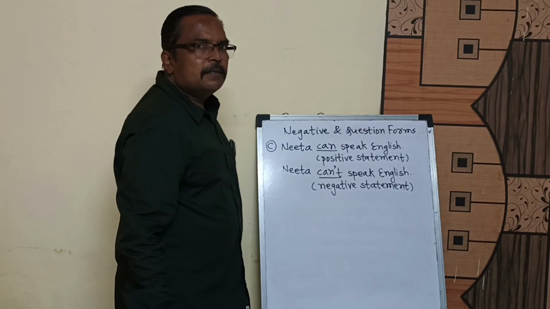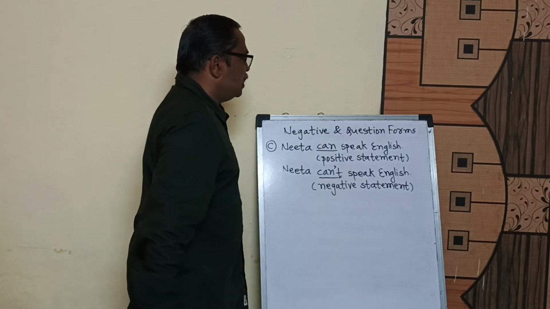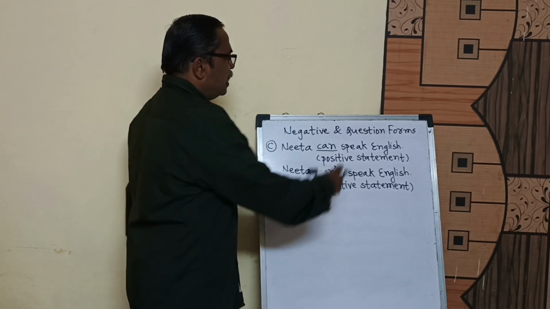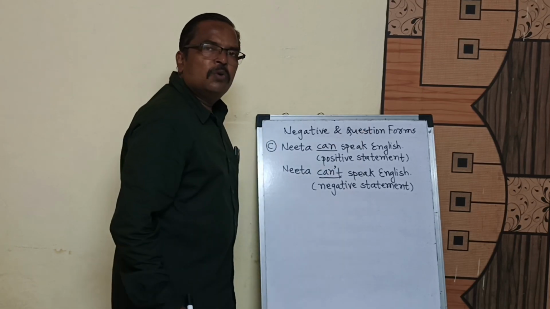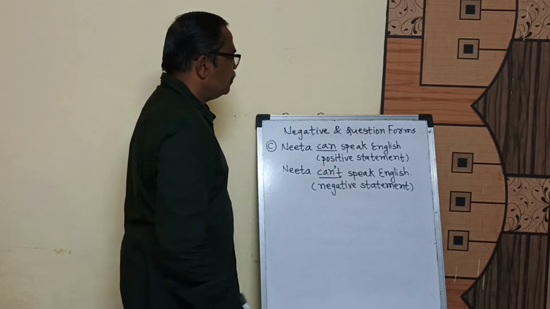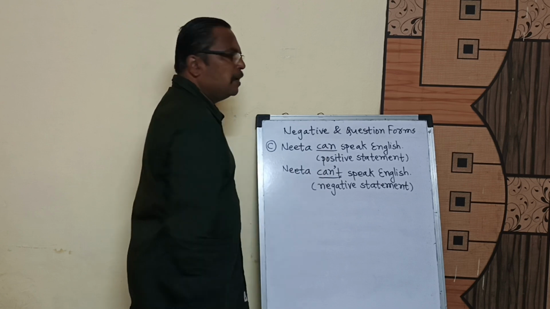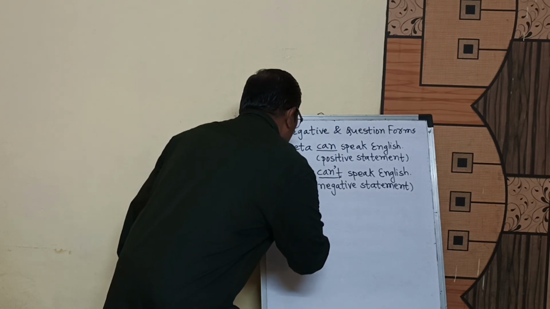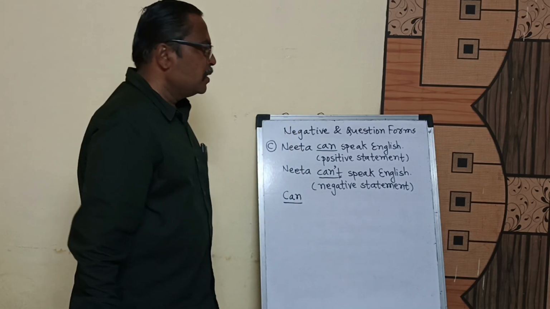Now the sentence Nita can speak English, we are going to arrange it into a question form. Therefore, in the beginning, we are going to make use of the modal auxiliary verb as it is, that is can.